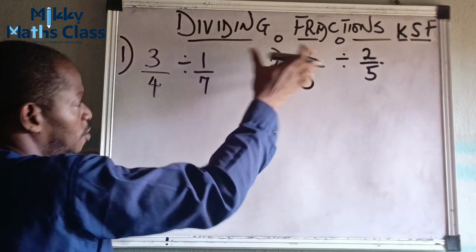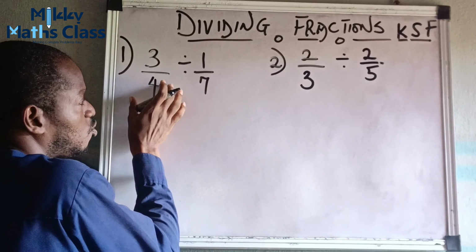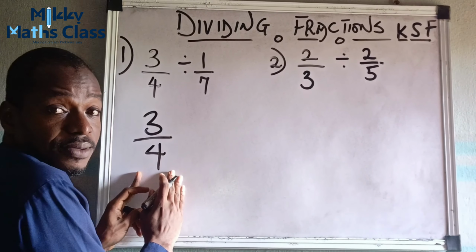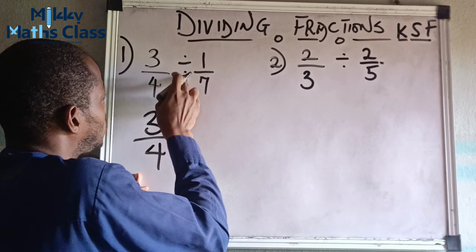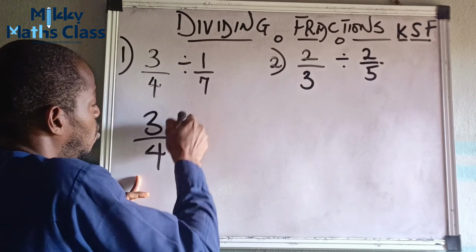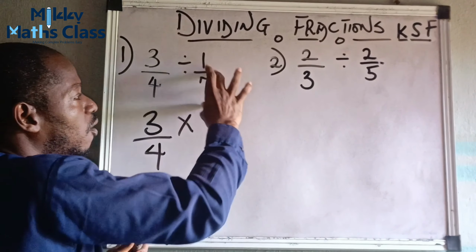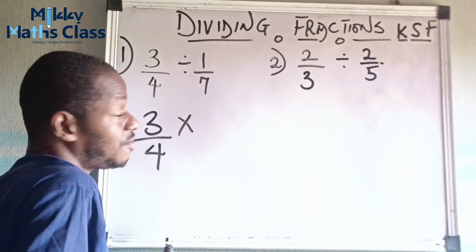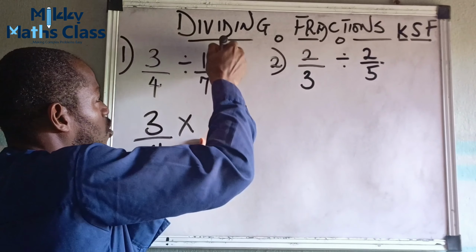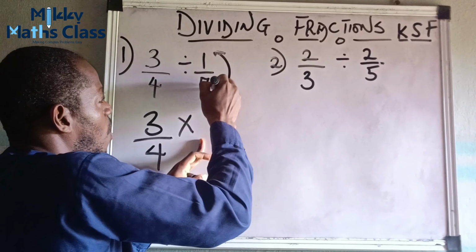So let's use that formula here. We keep this 3/4, that's to remain constant. We switch the sign, we change the division to multiplication. We are taking the reciprocal of this 1/7. That's invariably what we are doing. We flip it, this 7 comes up and this 1 goes down.